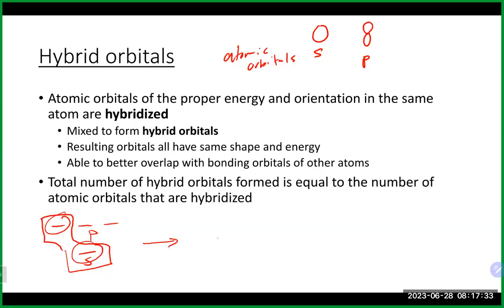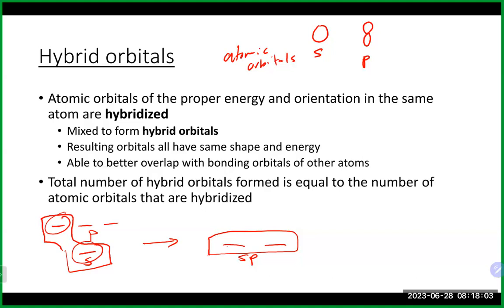That will result in 2 sp hybrid orbitals that end up being the same shape and on the same energy level. Because we mixed together 2 atomic orbitals, we get out 2 hybridized orbitals, which can be used for bonding. That is always the case. You mix 3 atomic orbitals, you get 3 hybrid orbitals, and so forth.